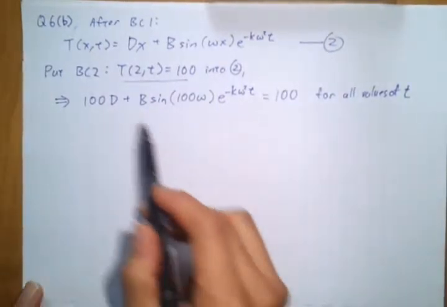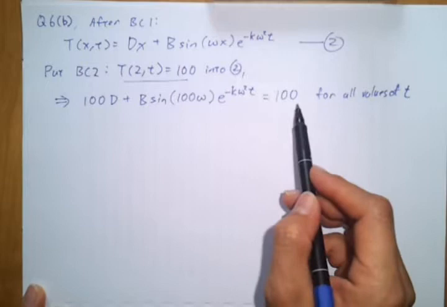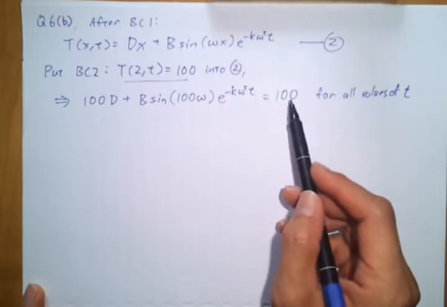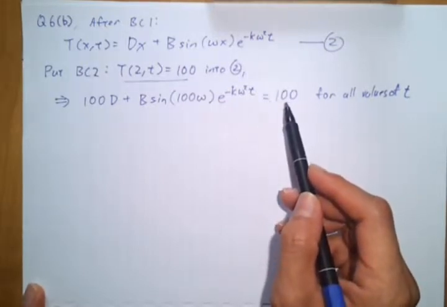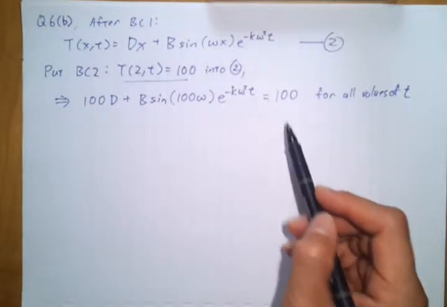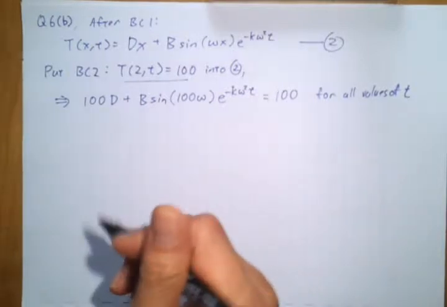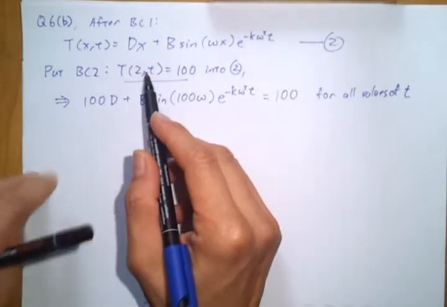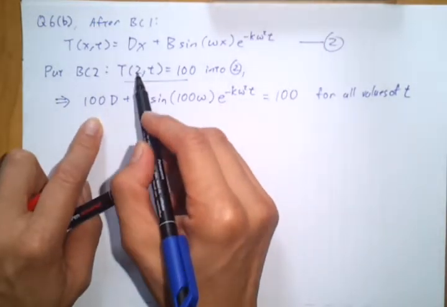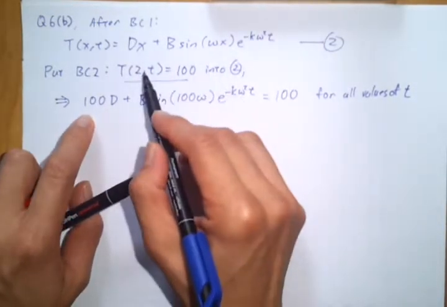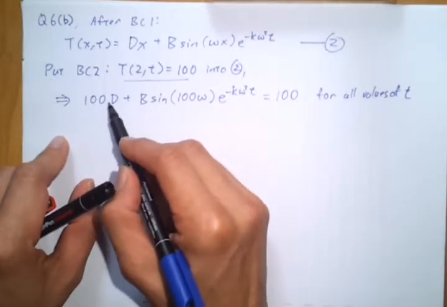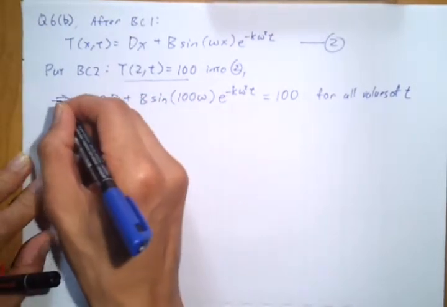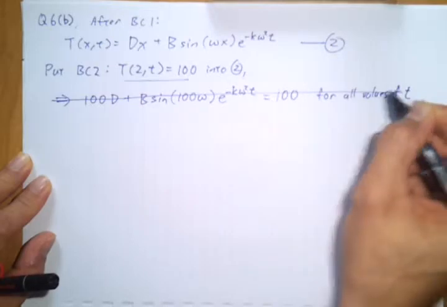Alright, so how do I make the left hand side equal to 100 for all values of t? Oops, sorry, mistake. I should put x equals 2, right? x equals 2, not x equals 100 here. So sorry, let me redo this statement.